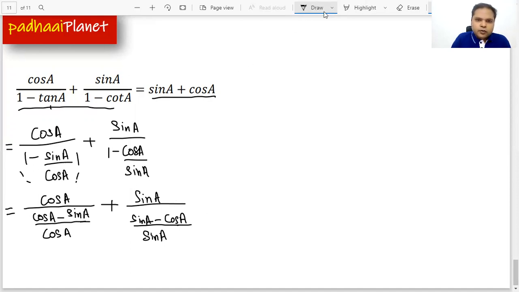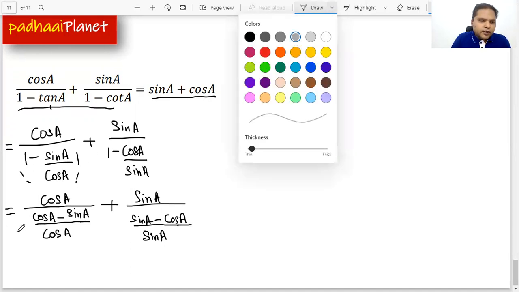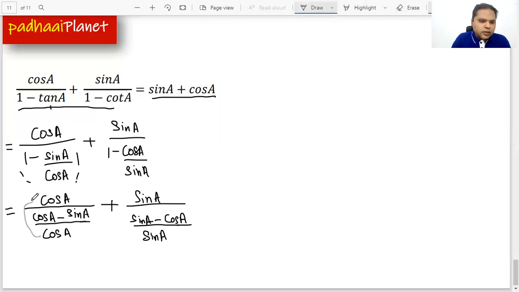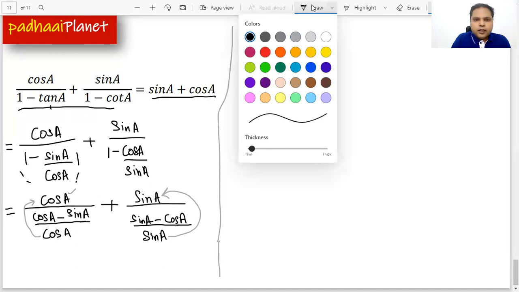Now if we simplify it further, this cos A goes on top and gets multiplied with this cos A. Similarly, this sine A will also go on top and get multiplied with this sine A. This is how it will happen. So let's start with the further steps.